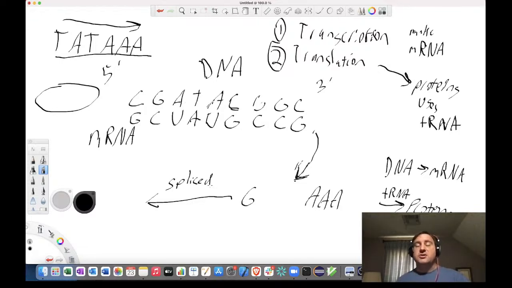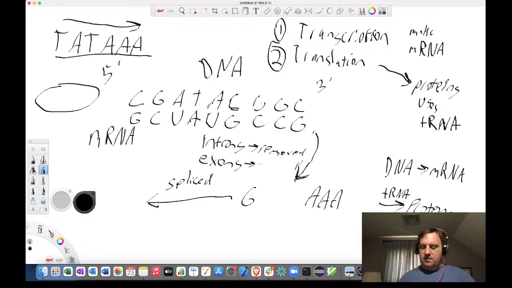Sometimes the RNA can actually splice itself. The parts that get removed are called introns, and the parts that stay are called exons. Okay, so introns are removed and exons stay. All right, so then we've got this mRNA transcript.